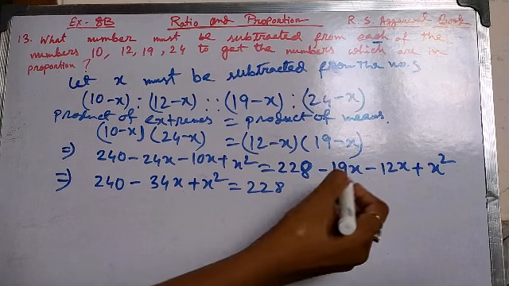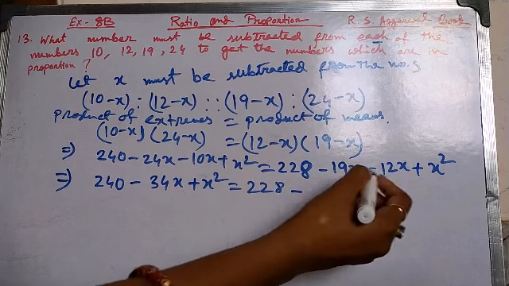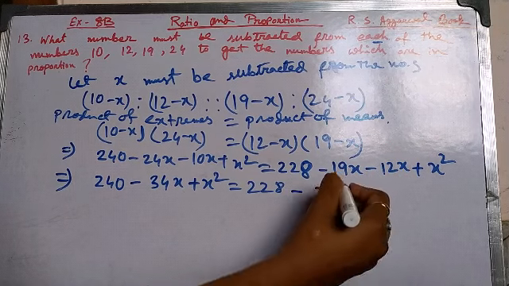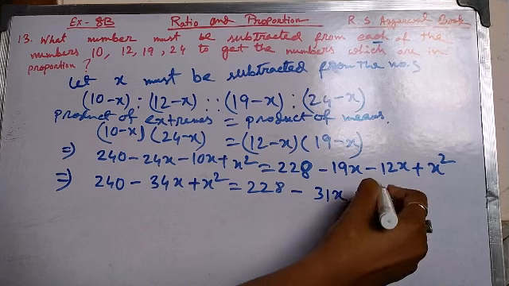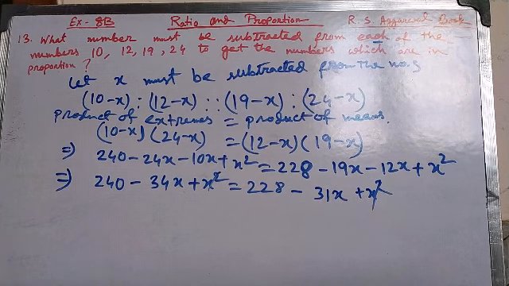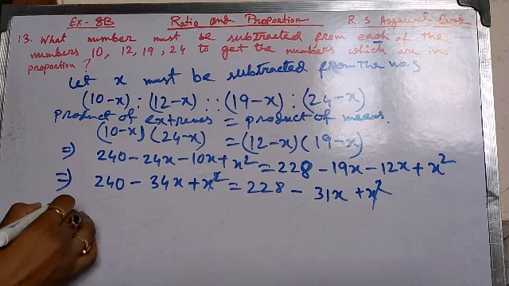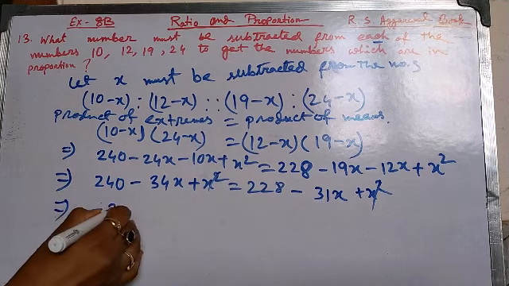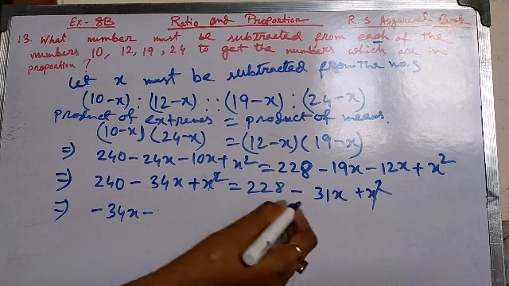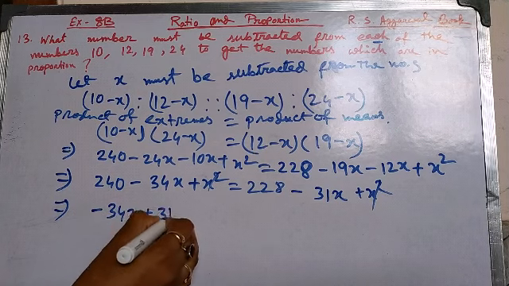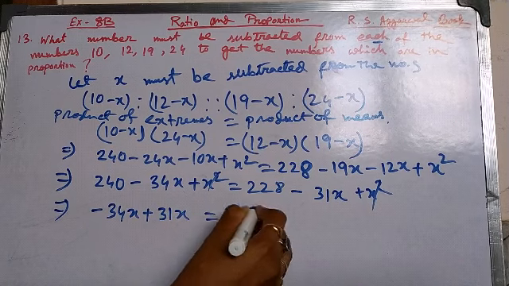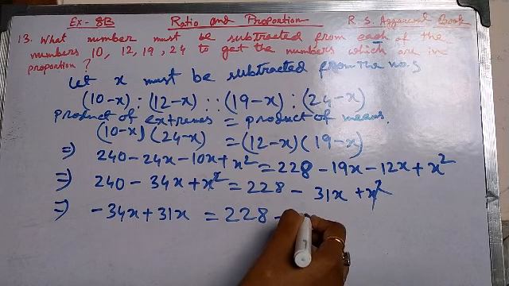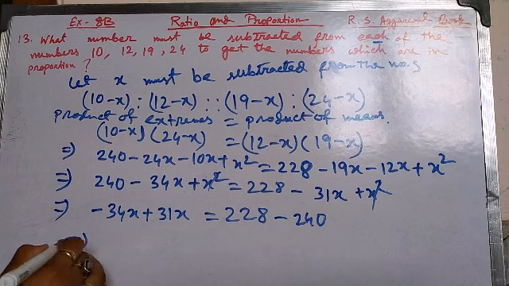Here also both are having negative sign, that's why negative sign, and this will be added: 31x plus x square. This x square and this x square will be cancelled, and this x term will come to this side. Minus, here is minus sign, so it will be plus 31x. 228 and 240 will go to this side with the negative sign, and it should be subtracted.